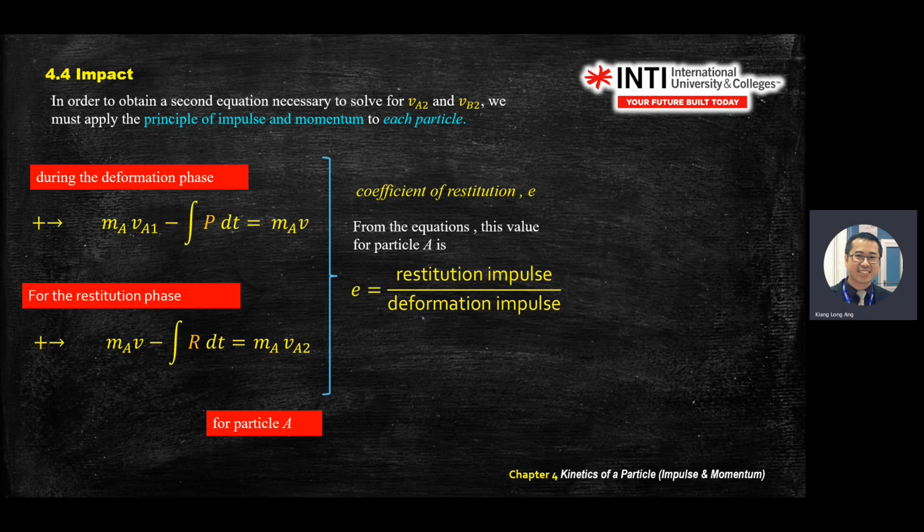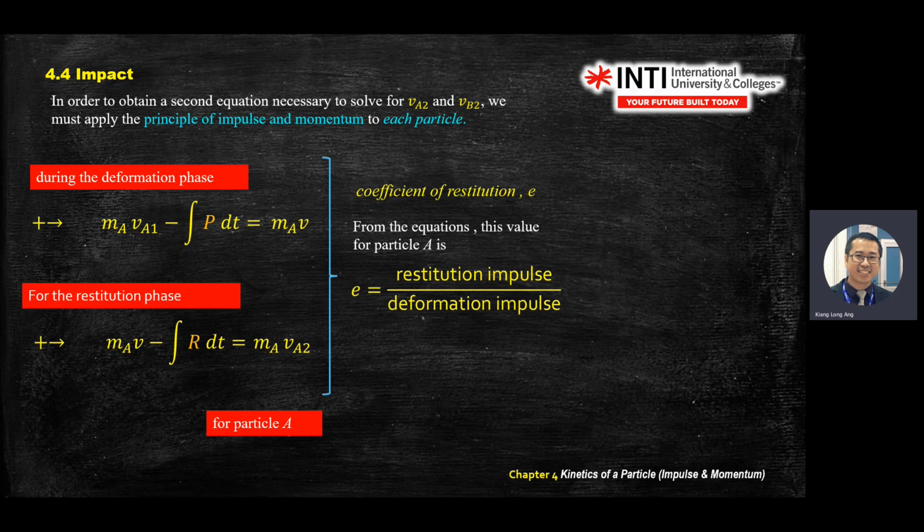As you can see on the screen, during the deformation, when it is squeezed, you use P. Once it's squeezed to the maximum, the two bodies want to go away. Then it becomes restitution, which we represent by R. So you take restitution divided by deformation, after divided by before.